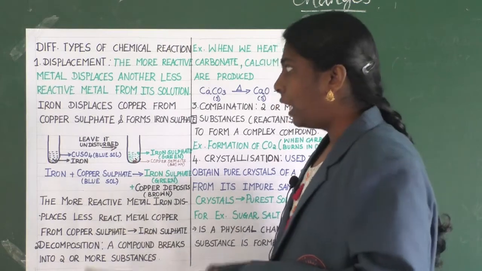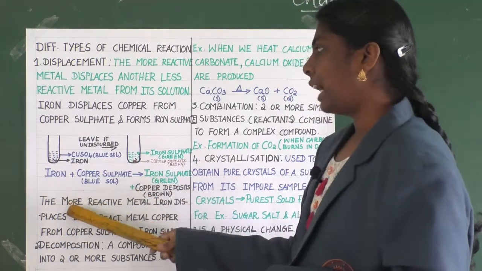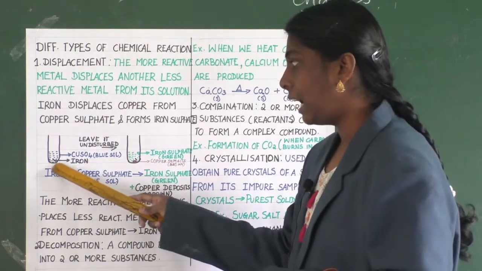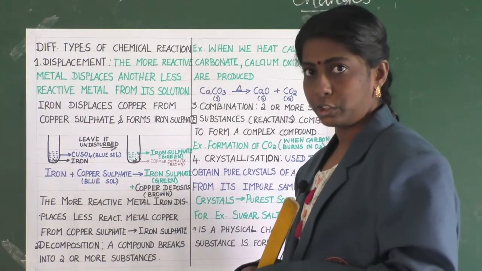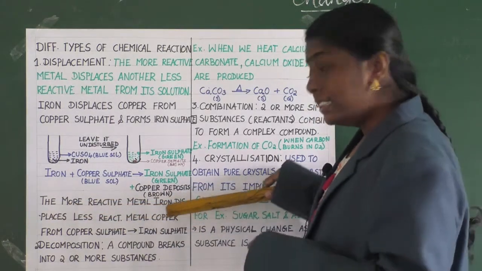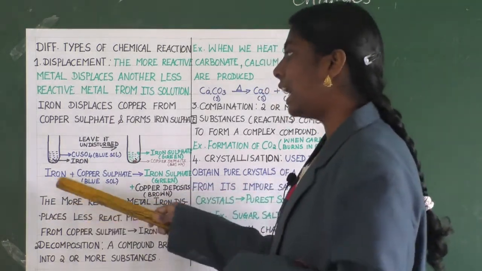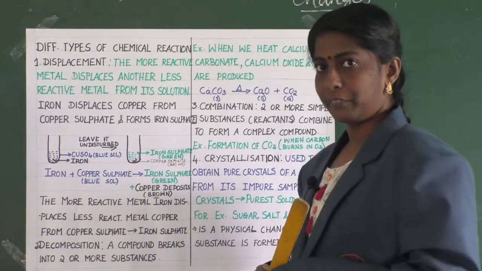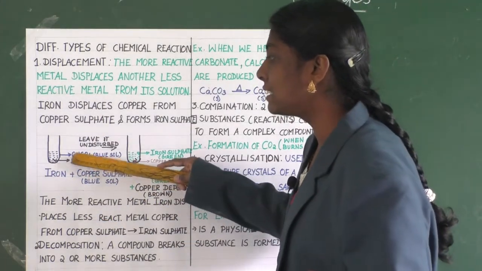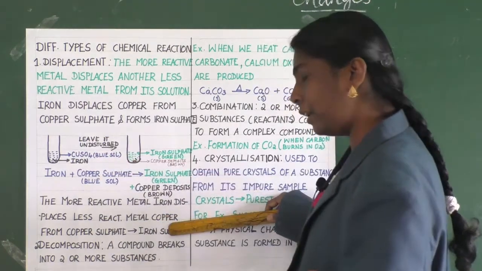Okay, so now I am coming again. The more reactive metal, which one is more reactive metal here? The iron from the nail is the more reactive metal, and the more reactive metal iron displaces the less reactive metal copper.